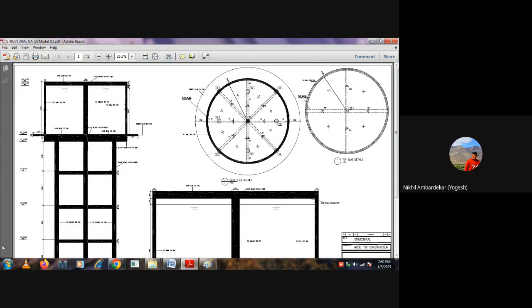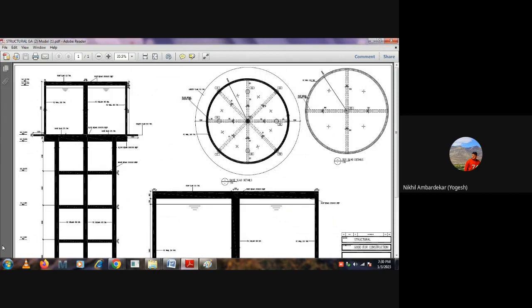Maybe you have some thumb rules for that, as IS code also provides some basic dimensions for the beam, if it is simply supported or a cantilever, L by 27, L by 26, based on that. Generally we may provide the center to center column spacing between 3 meter to 5 meter. Based on that you can provide the total number of columns.